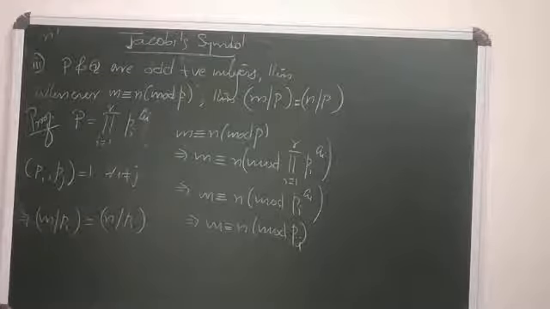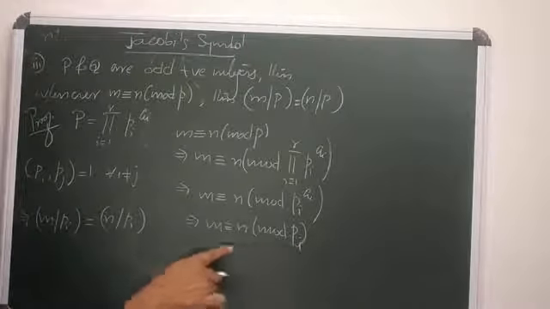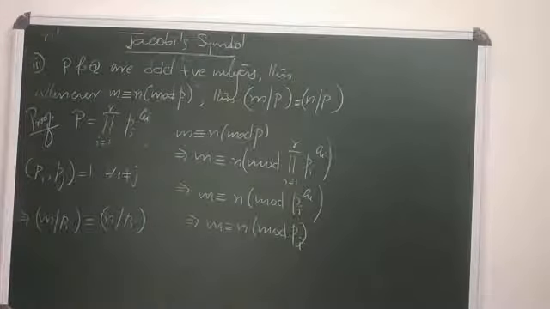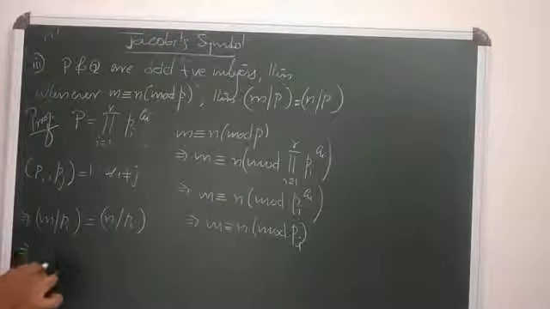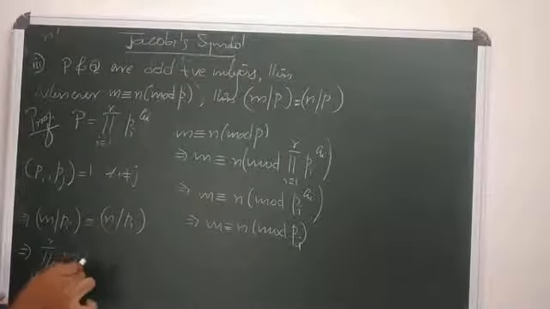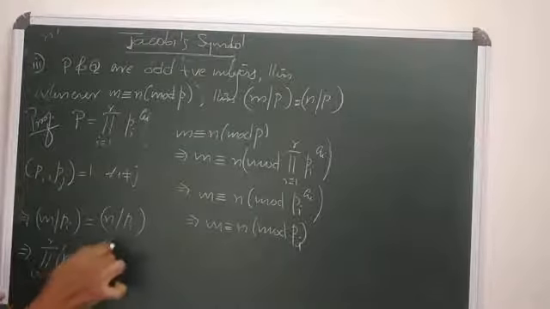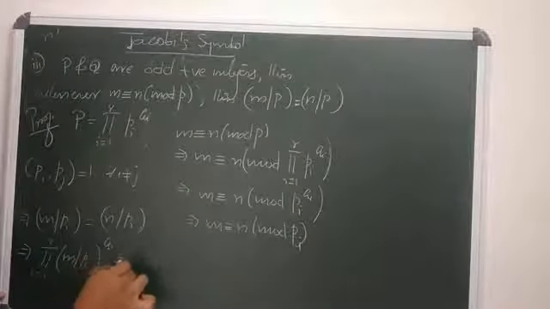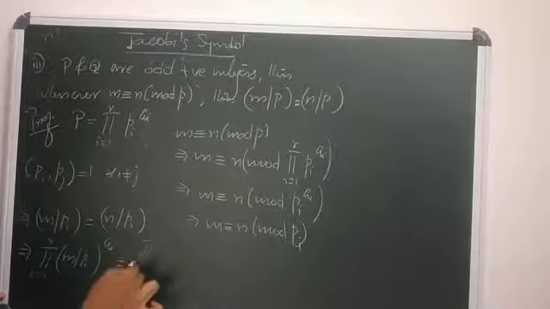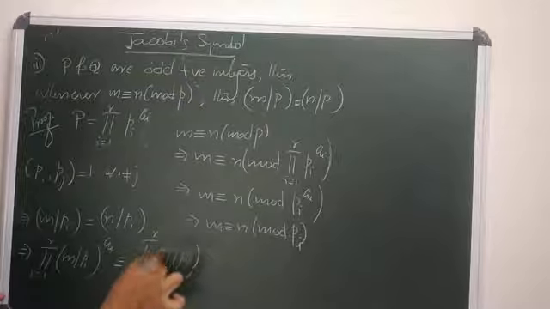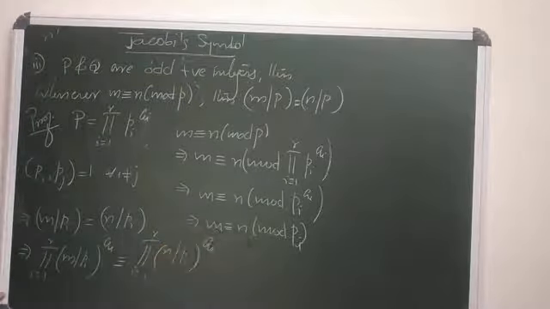Since p_i is an odd prime, by the property of the Legendre symbol, (m/p_i) equals (n/p_i). So the product over i from 1 to r of (m/p_i) to the power a_i equals the product over i from 1 to r of (n/p_i) to the power a_i. Clear?